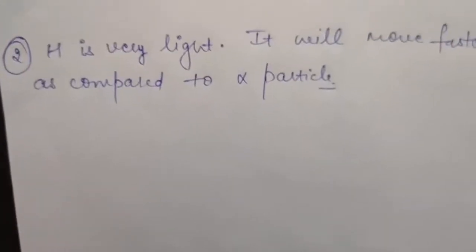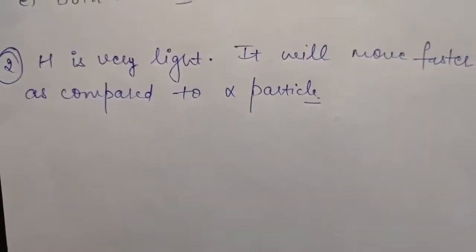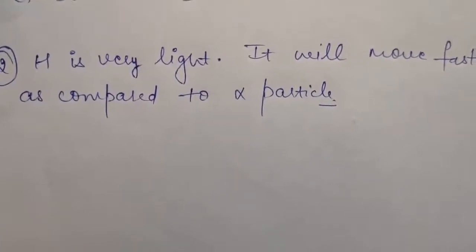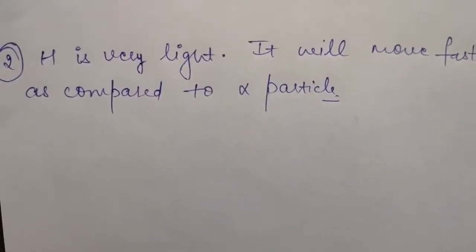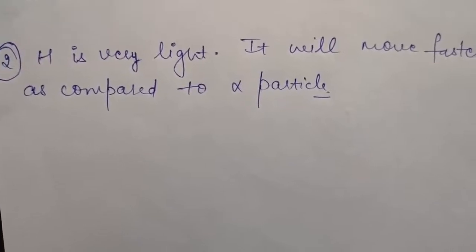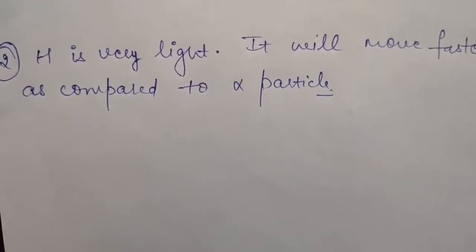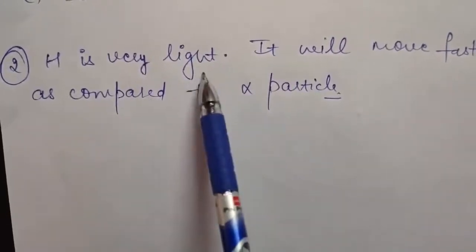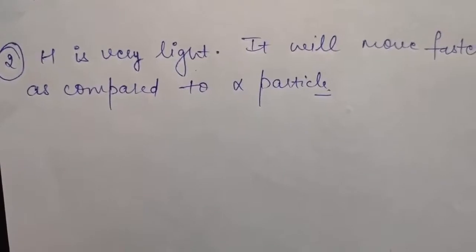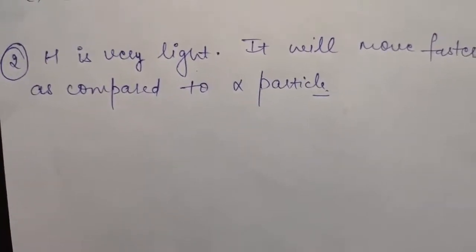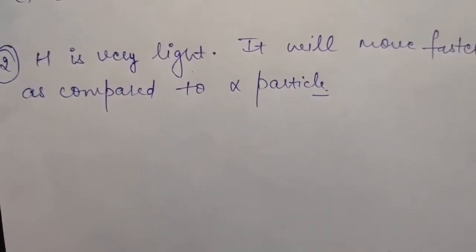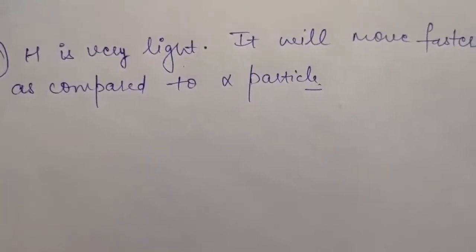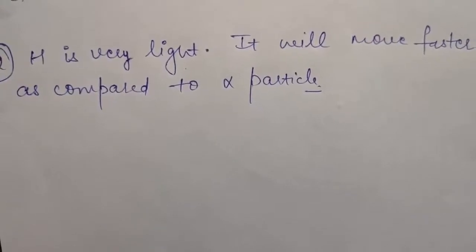Okay, so the next is the second question. It says if we take hydrogen instead of gold foil in Rutherford's alpha ray scattering experiment, then what will be the effect? As you know, hydrogen is much lighter than the alpha particle in weight. So when the alpha particle strikes the hydrogen, the hydrogen will start moving faster than the alpha particle, and our experiment will not be able to get completed.